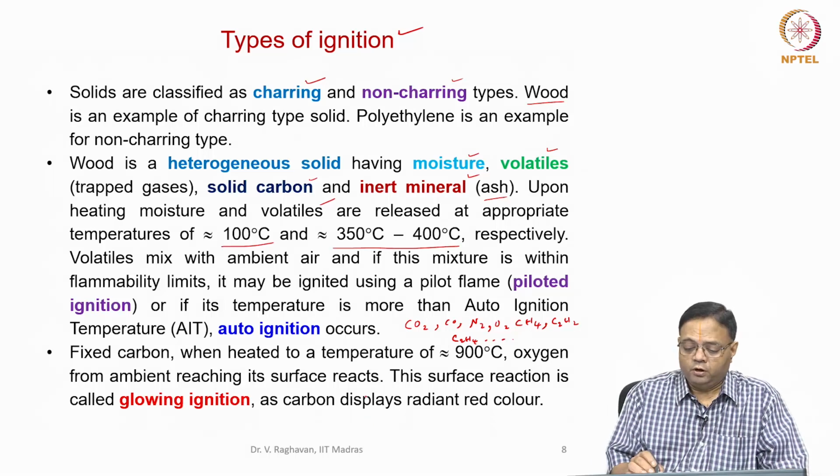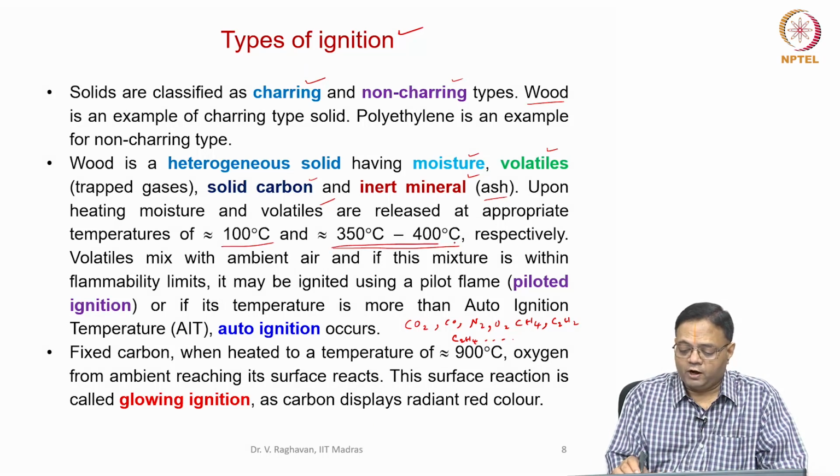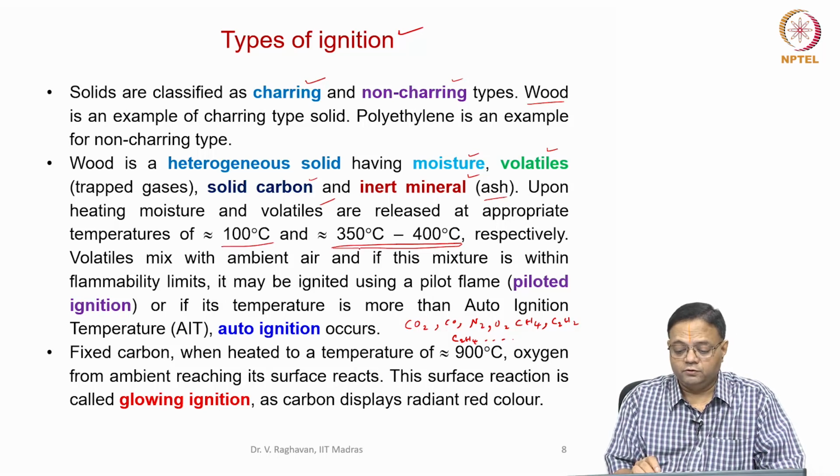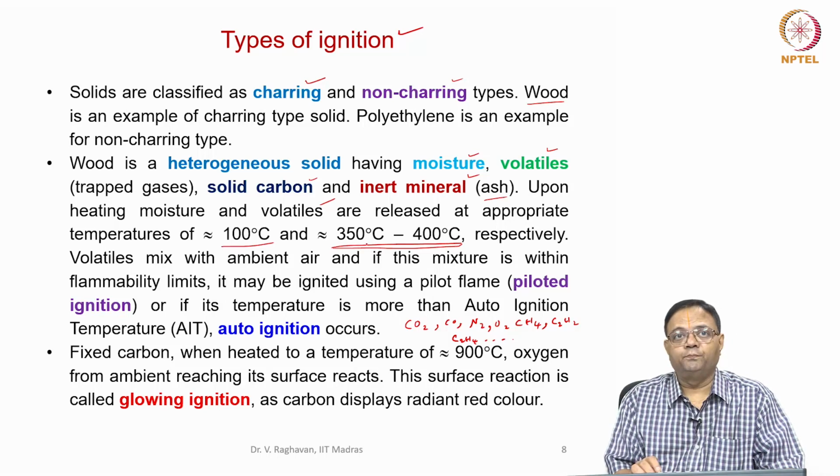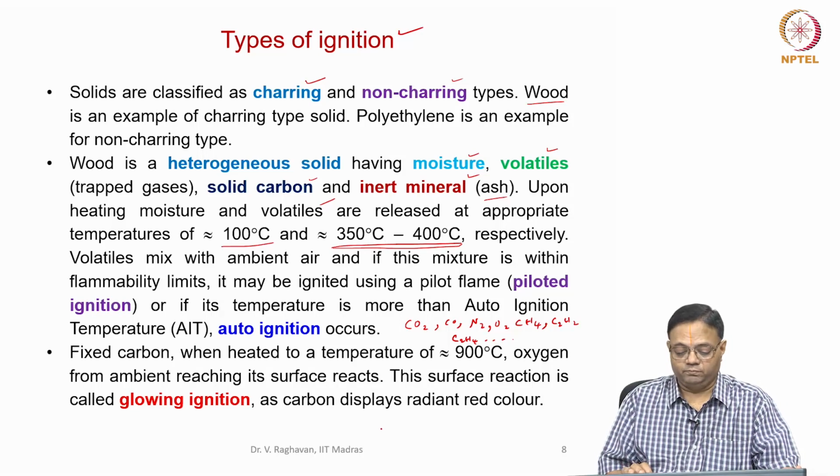So, the devolatilization or release of volatiles starts when the temperature of the wood becomes higher than, say, 350 degrees centigrade.